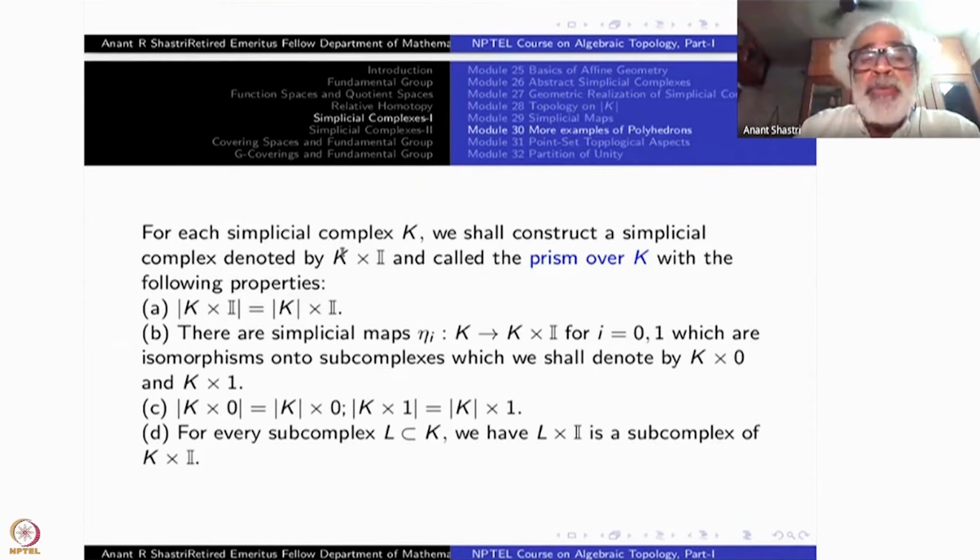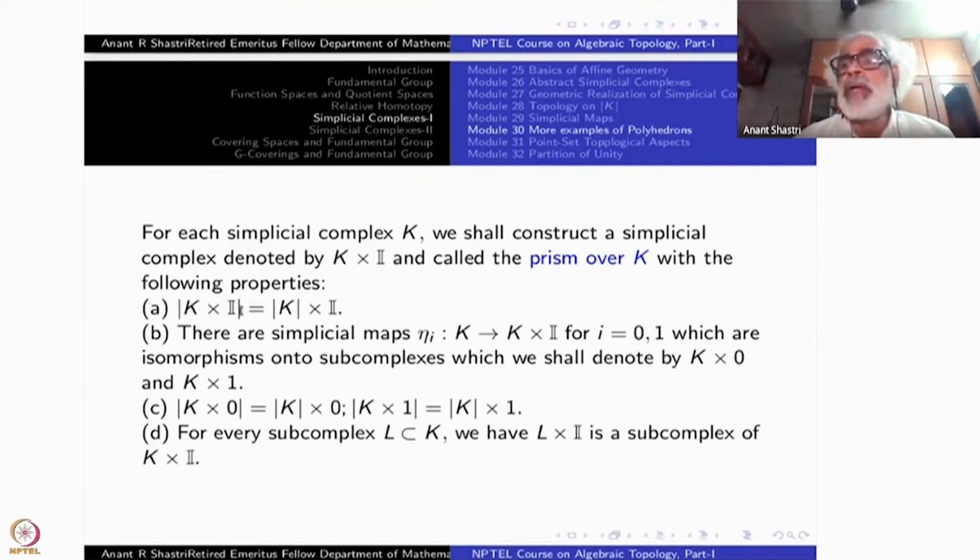If you take mod K cross I, that's a topological space. All right. This K cross I is just a symbol here. But I am going to call it prism only after I construct the simplicial complex on this one, which I am going to describe. So this is called prism over K, like cone over K we have constructed, and the suspension over K. So this is prism over K with the following properties.